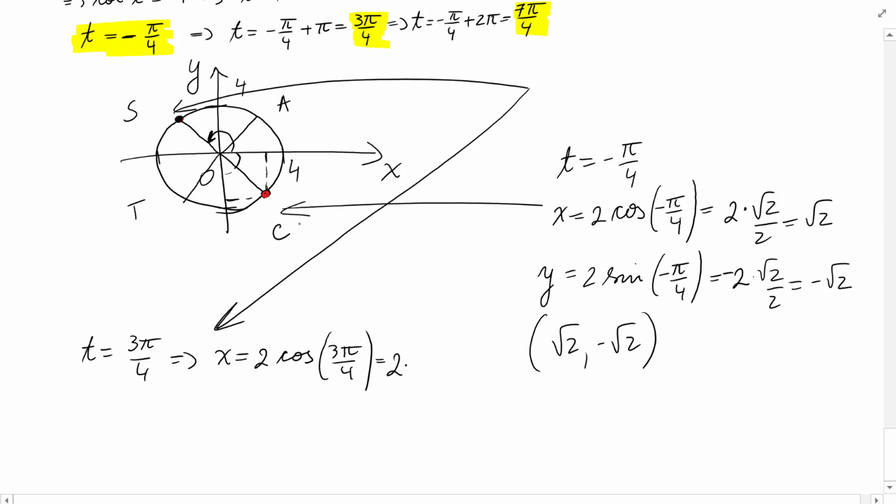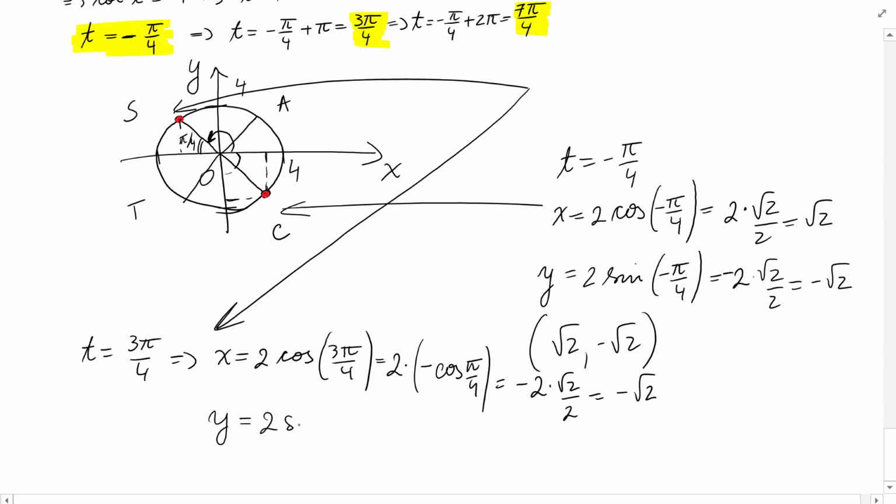All students take calculus, so that means sine is positive, cosine is negative. The reference angle is pi over 4. So basically this is 2 times negative cosine of pi over 4. So that means negative 2 times square root of 2 over 2, which is negative square root of 2. The x is a negative value, and it does make sense.